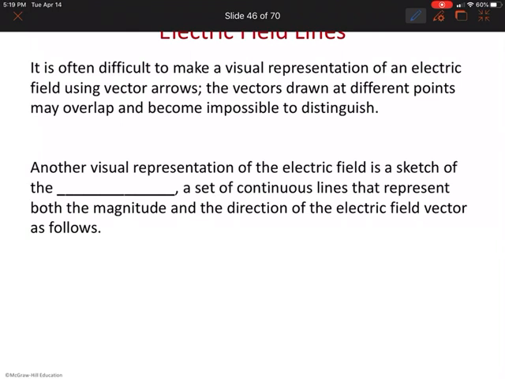Okay, so electric field lines. I kind of wish this stuff would have been before the last two examples, just because this shows you the direction, and so you guys kind of already know this a little bit now. It's saying that it's difficult to make a visual representation of an electric field using vector arrows.